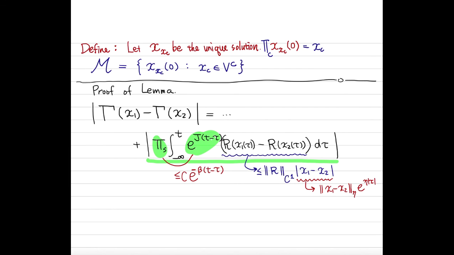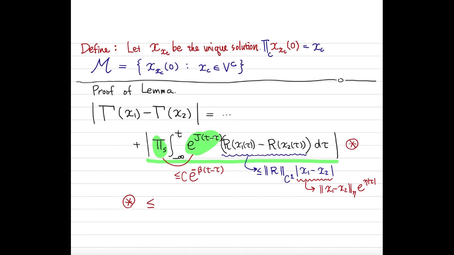If we do the tau integral using this upper bound, the writing in red, when t is going to infinity in the positive direction, then it's clear that it's decaying as e to the minus beta t.